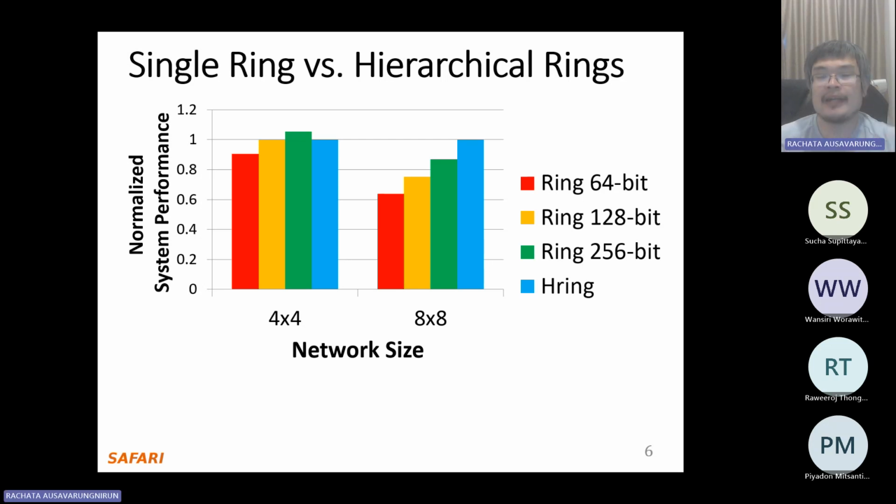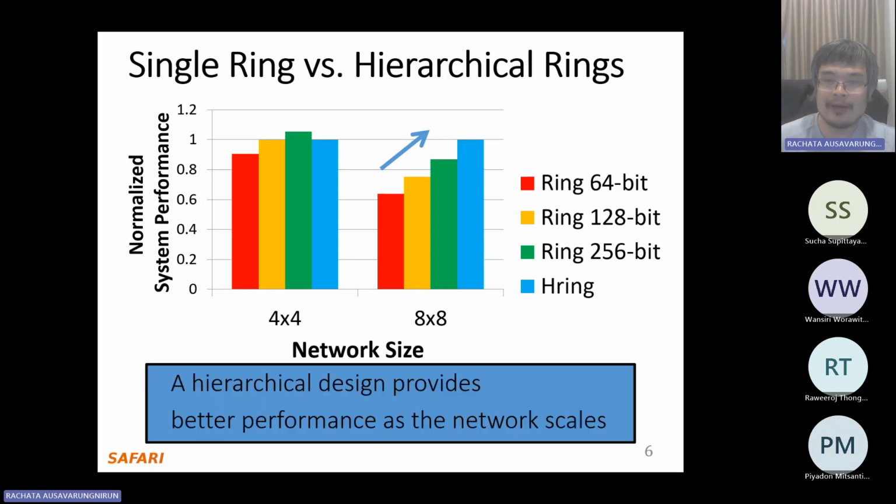And then I compare that with the performance of the hierarchical ring design with 64-bit links. And as you can see here, you see really good scaling in performance, right? With the hierarchical design, as your network size increases from 16 nodes to 64 nodes, you see better performance, and it beats the performance of a ring, even with a high bandwidth link, right?